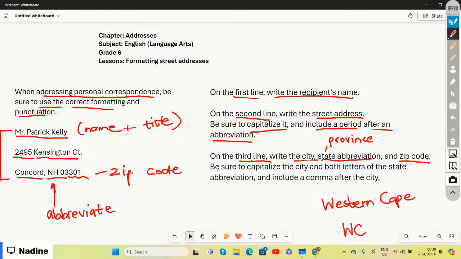And then followed by our zip code. In my country, we call it a postal code. And we need to be sure to capitalize the city and both letters of the state abbreviation, and we also need to include a comma after the city.